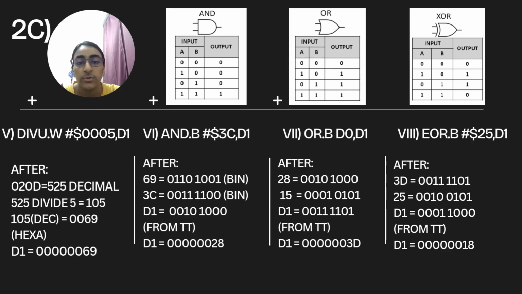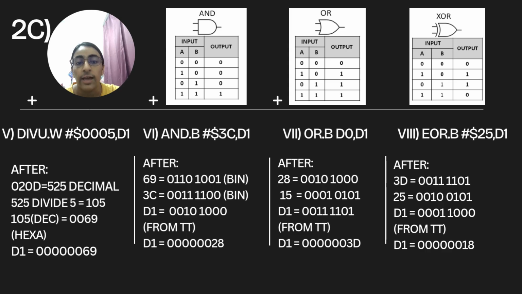For question number 8, eor.b #$25, D1. For this question, you're going to use the exclusive OR's truth table, and it's also .b, so you're going to use the last 2 digits like the previous two questions. Since it's .b, you take the answer from the previous question, which is 3D, and change that into binary as well. You should get 00111101. And then you change 25, which is from this question, into binary as well, and you're going to get 00100101.